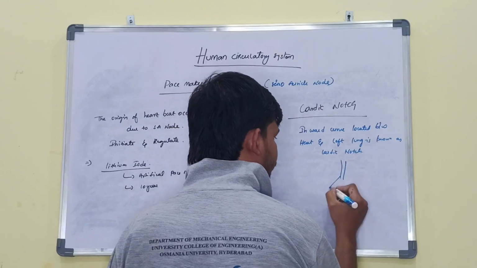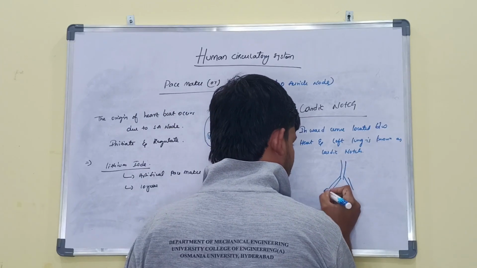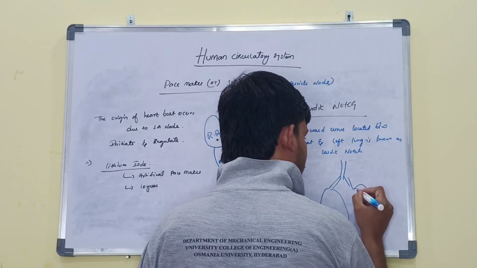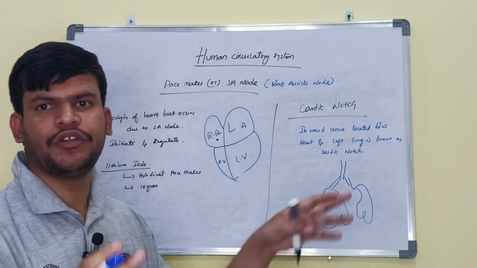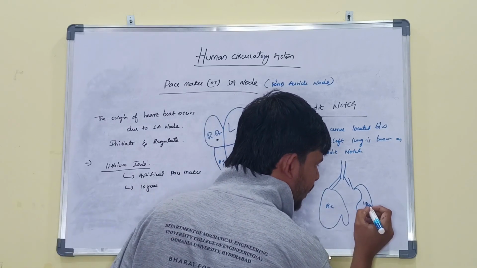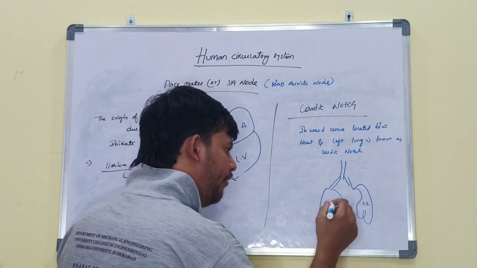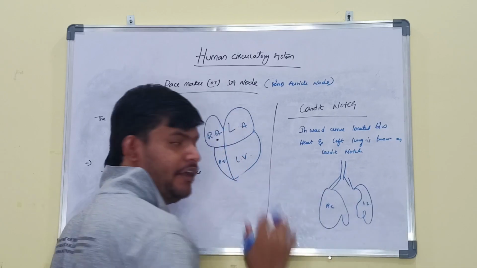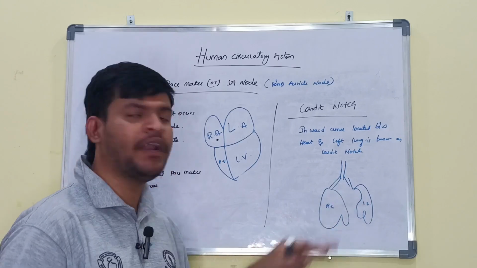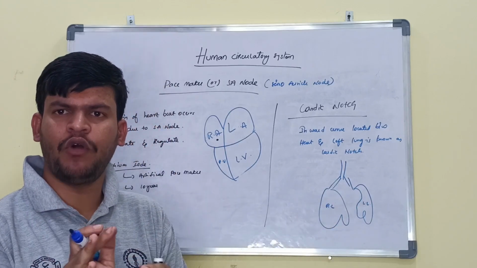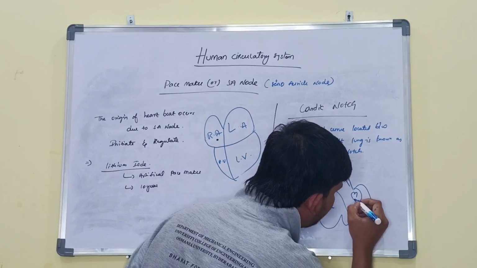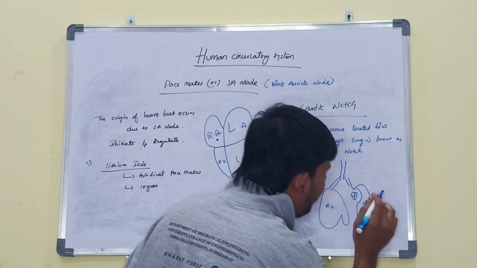This is the trachea. From the trachea, the lungs have been attached. Here it is the right lung, and this is the left lung. When we compare the right lung and left lung, the right lung is of bigger size and the left lung is somewhat smaller, because the heart is situated next to the left lung.